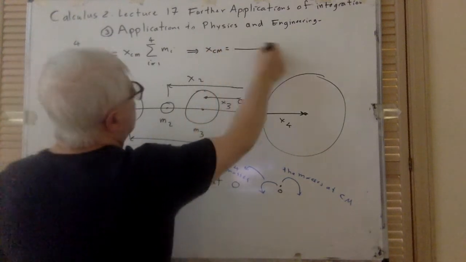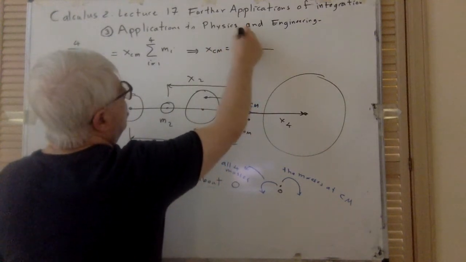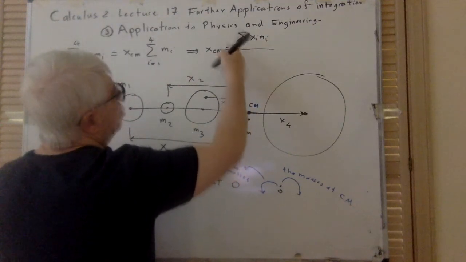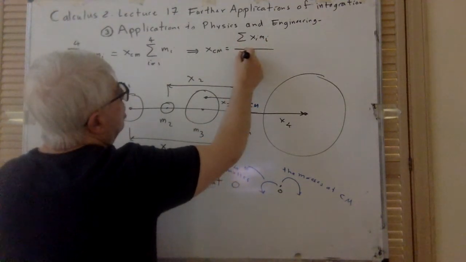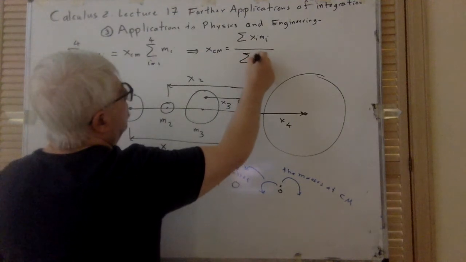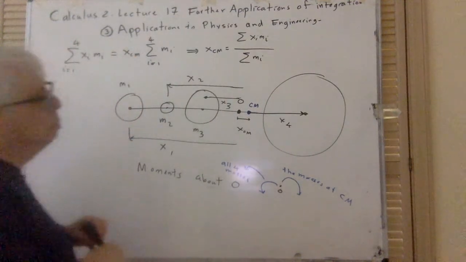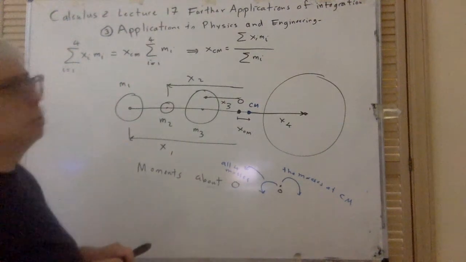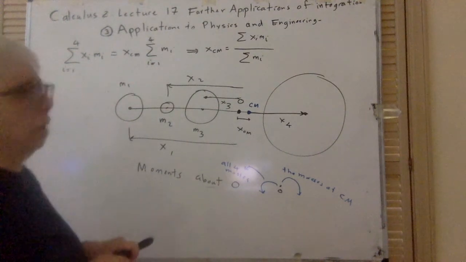XCM will be the sum of the moments, xi mi, and let me write, don't write i here, which means I might have more than 4 mi. So for this simple configuration, this is the sum of xi mi divided by the sum of mi.